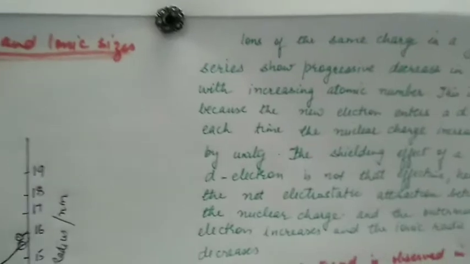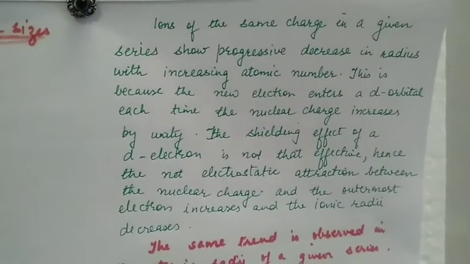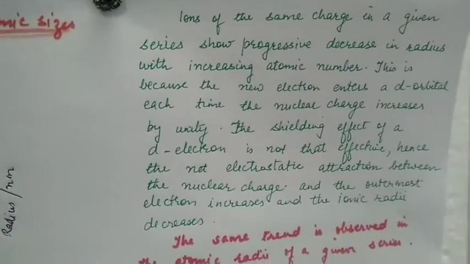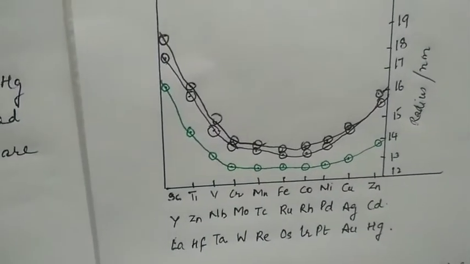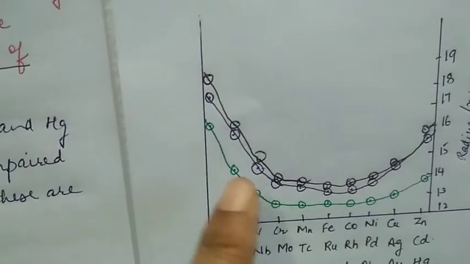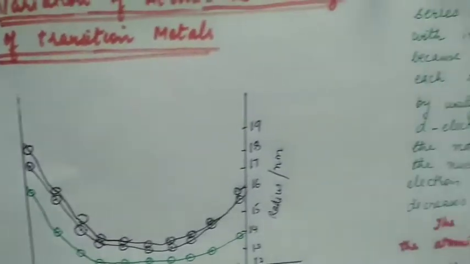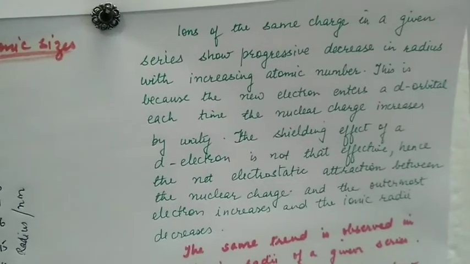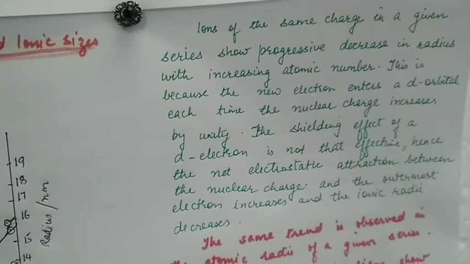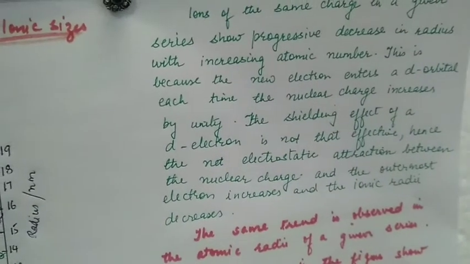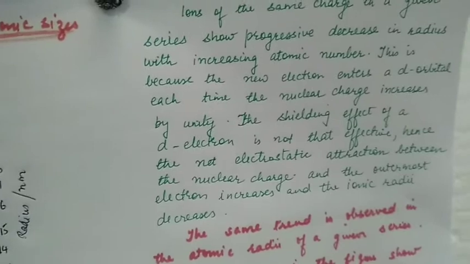So ions of the same charge in a given series show progressive decrease in radius with increasing atomic number. You can see the decrease in radius for metal as well as ions with increasing atomic number. This is because the new electron enters a d orbital each time the nuclear charge increases.